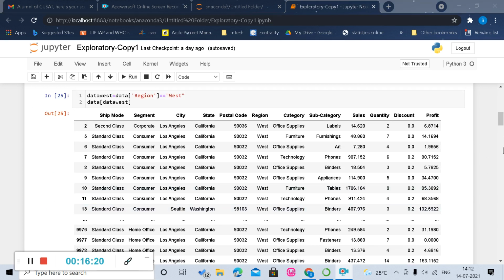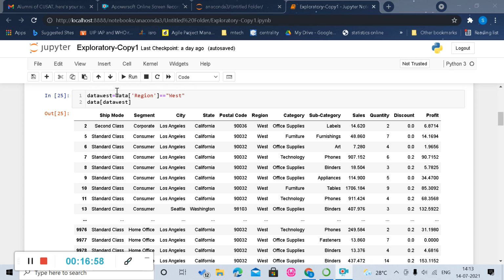Now, another way of analysis. What I have done here is I'm trying to remove some of the columns. In the first step, data of region is taken here and assigned to data west. That is, the column is region, and in that region column, only the rows having the west value are selected and assigned to data west.